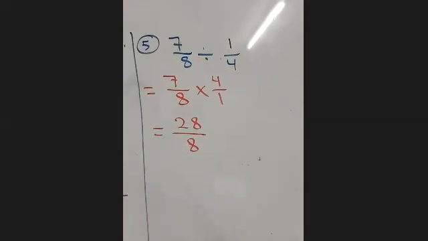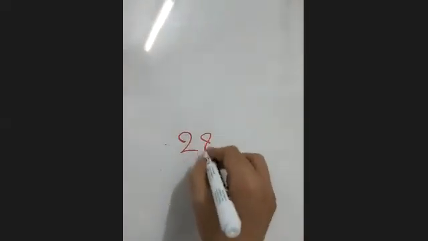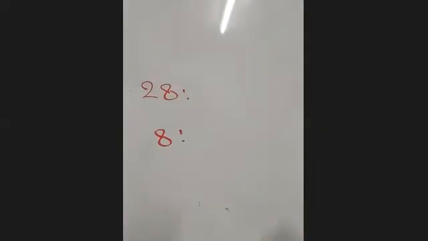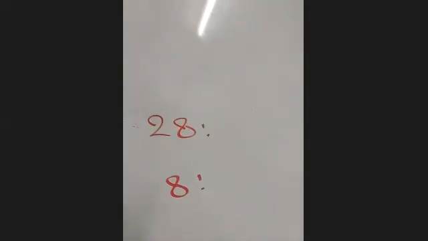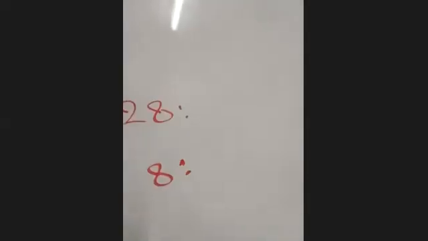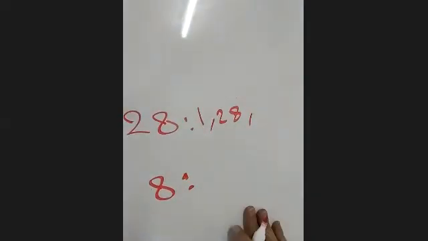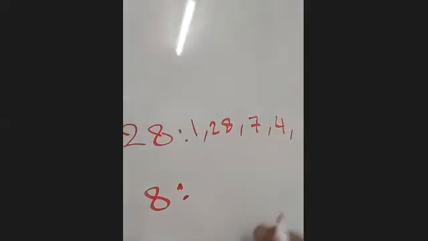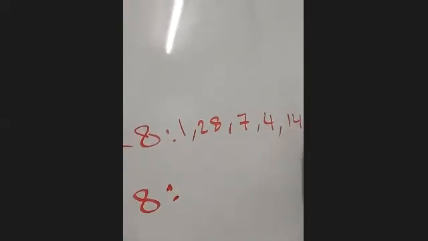Simplest form. So we'll take the 28 and the 8 on the side and try to find the GCF. Then we'll go back here and divide and simplify our answer. What are the factors of 28, Hamza? 1 and 28, 7 and 4, and look here, 14 with 2.